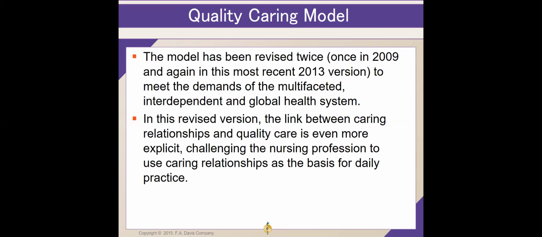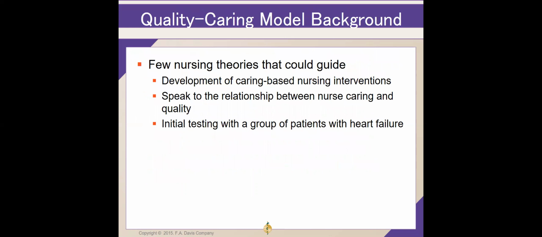And this is essential for being able to respond to the demands of the nursing profession, especially today in an age of cost containment. At the time this was developed, there were few nursing theories that guided caring-based interventions and looked at nursing caring as a measure of quality in hospital institutions.